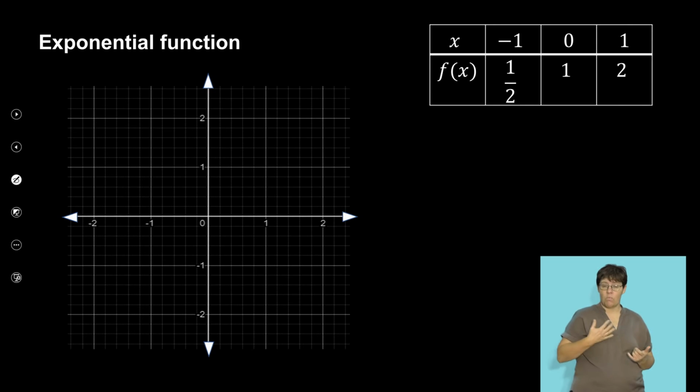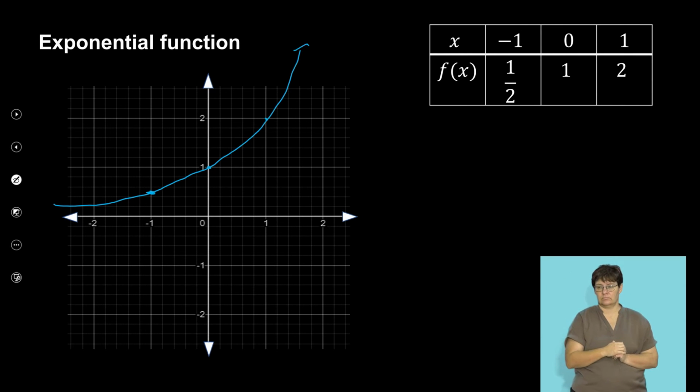Now, to plot this, my -1 goes with a half, so it will be somewhere there, a positive half. My 0 goes with 1, so it will be somewhere there. My 1 goes with 2, so it will be somewhere there.